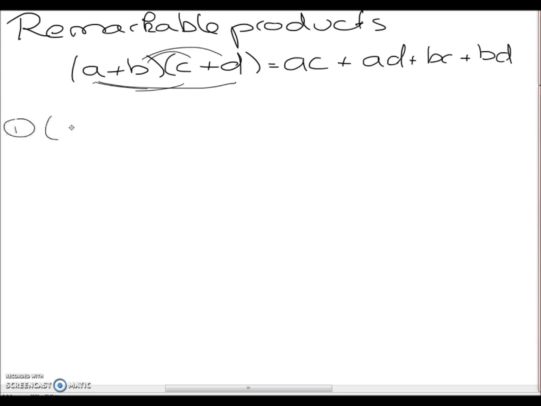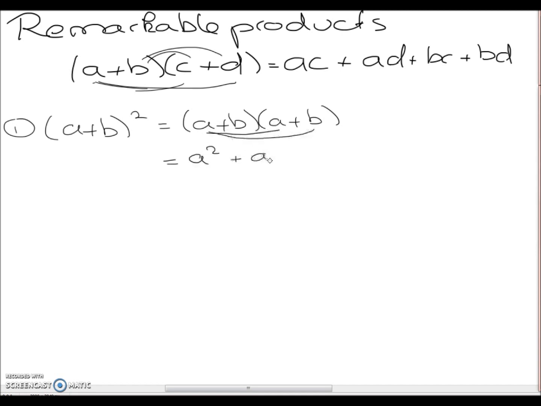1. Let's look at A plus B, two numbers squared. If I write it down as completely as possible, (A plus B) squared is (A plus B) times itself. Multiplying out the brackets, I get A times A, A squared, plus A times B, AB, plus B times A, BA, or alphabetically AB, plus B times B, B squared.